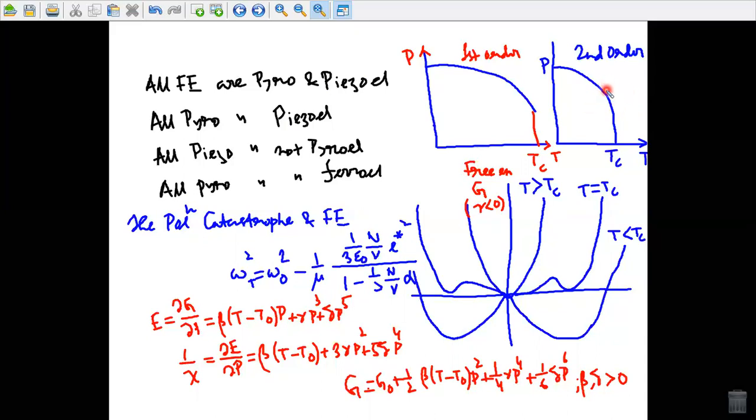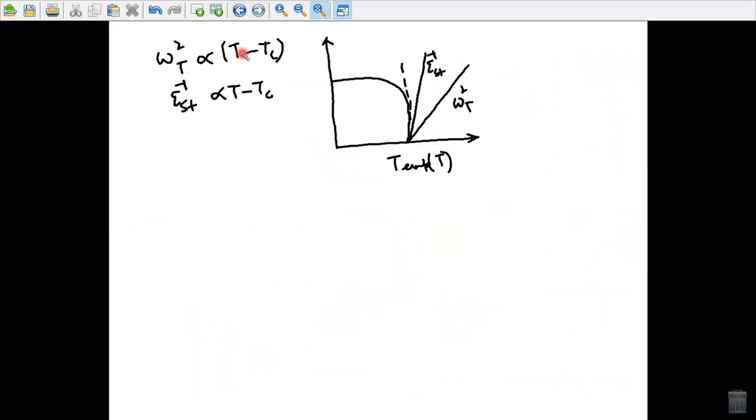With increasing temperature, the thermal fluctuations become ever larger, and the effective field at the ion is thereby reduced until at a critical temperature Tc the right side of this equation becomes positive. As the temperature increases beyond Tc, the transverse frequency increases according to this, omega t squared proportional to T minus Tc.